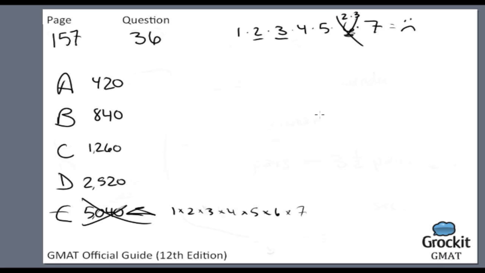So we don't need to multiply by 6 a second time, because if we've already multiplied by 2 and 3, we already have 6 as a factor. So 5040 was clearly too big. I didn't actually do the separate math on this one, but it wouldn't surprise me if one of these numbers is this whole set without 6 in it.